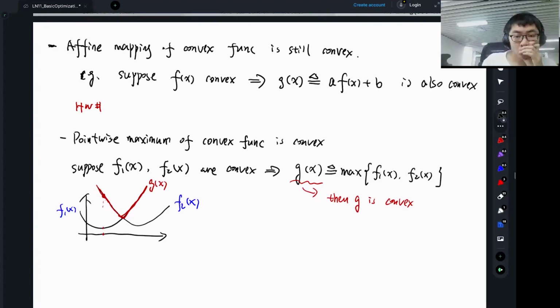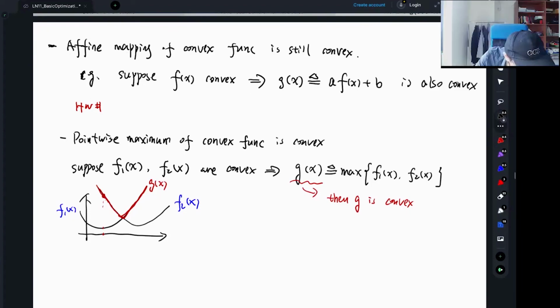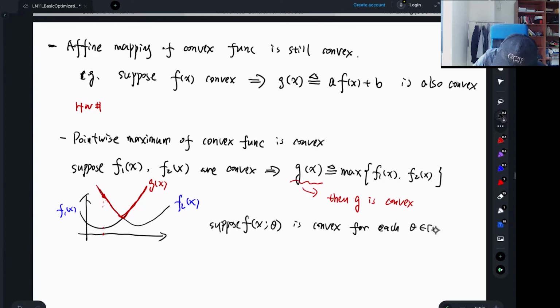We can also be a little more general. Suppose I have a function f of x parameterized by theta, and suppose this is convex in x for each theta in, let's say, the interval from 1 to 2.